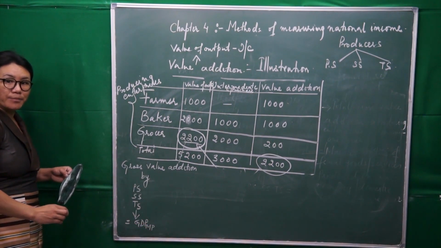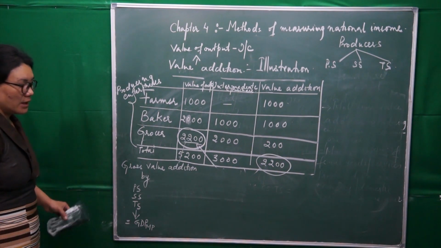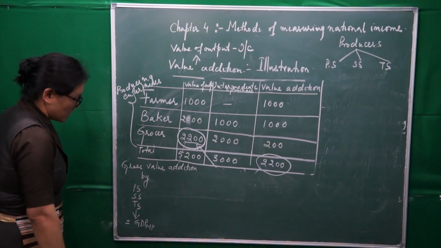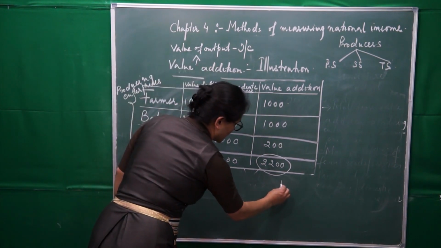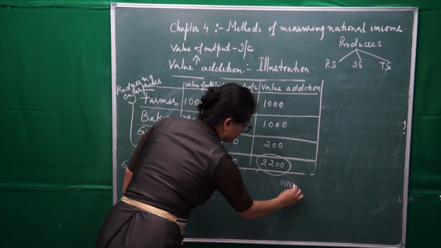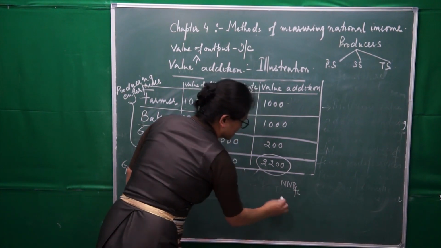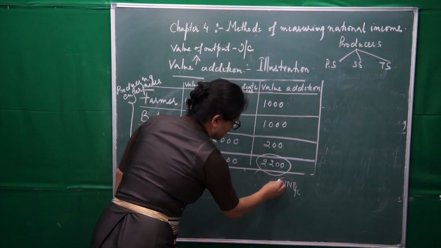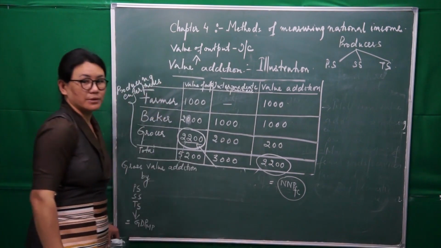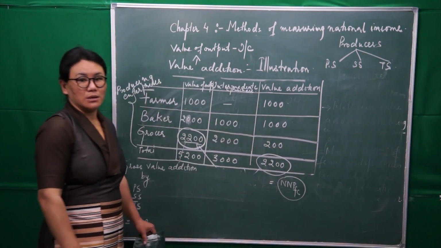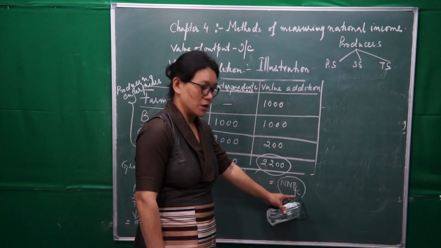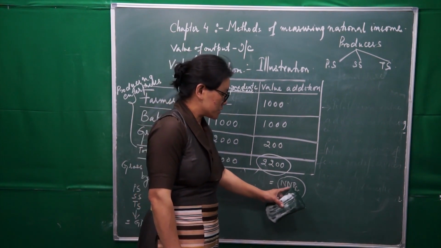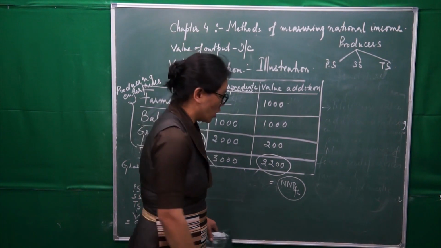Is that clear? Now, suppose we have to find out NNP at factor cost. Remember, I said NNPFC is Net National Product at factor cost.